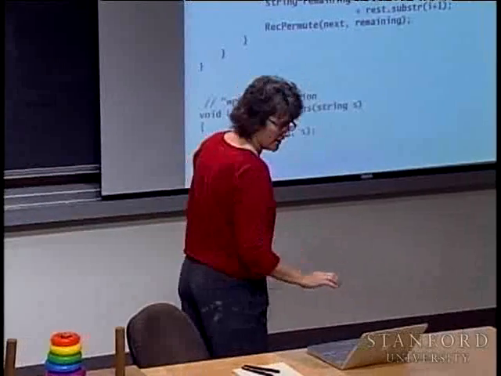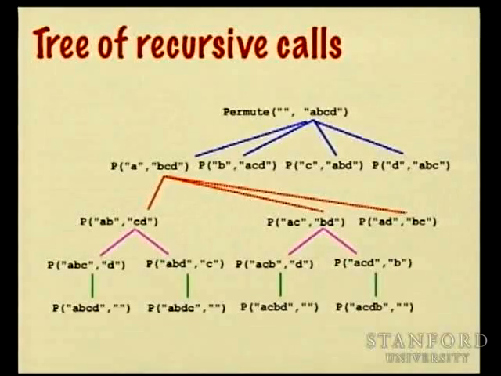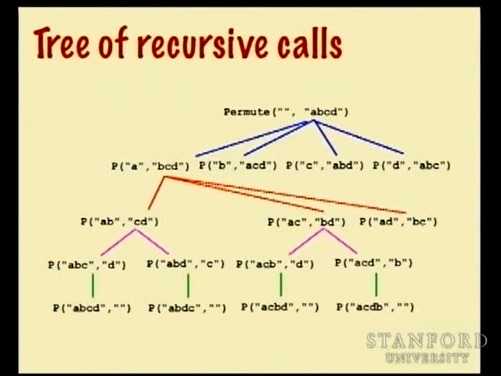I'm going to come back and mention something about this, but I'm just going to show you a little part of the tree to get an idea. If I'm permuting A, B, C, D in the so far, sort of the input, the permutation we have so far starts empty, and there are 4 calls being made, first with A, then with B, then with C, then with D, in each case removing that letter from what remains and then exploring.